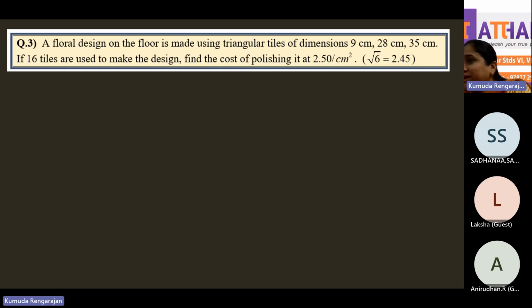Because the design is not made using one triangle. The design is made using 16 triangles put together. So find the area of one triangle, multiply it by 16 to get the area of the design. Then multiply it by the rate, 2 rupees 50 paise per centimeter square. It's like saying 1 kg of fruits is 50 rupees, 10 kgs, how much? Find the cost. That's all. Do it.